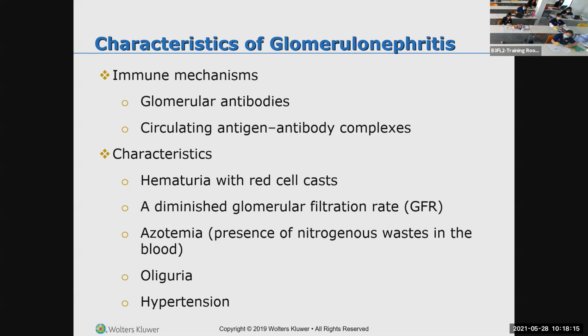Now, oliguria, low urine formation, reduced production of urine. And also these patients have hypertension. We check this in all kidney disease. Please remember, in all kidney disease, hypertension is one of the important factors. We need to note the blood pressure also.